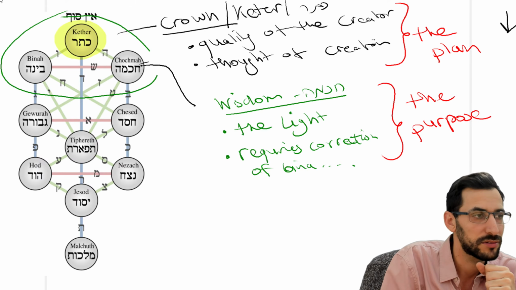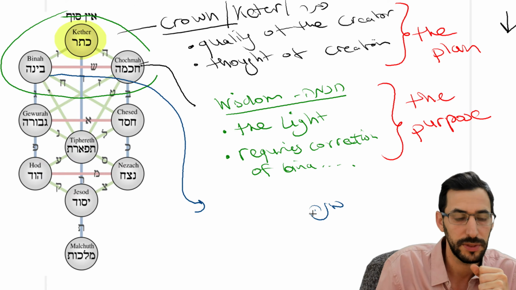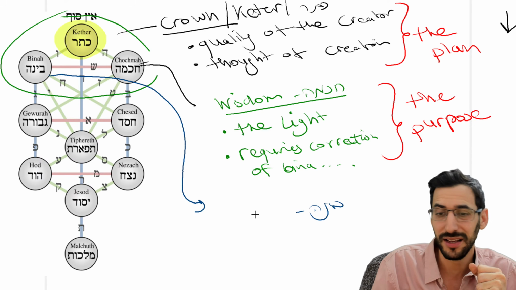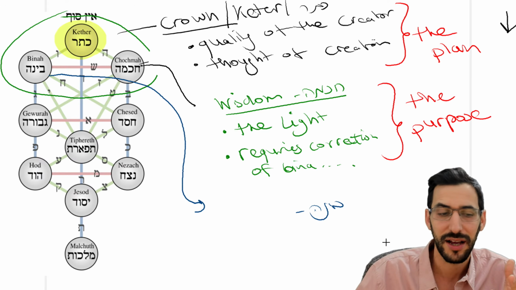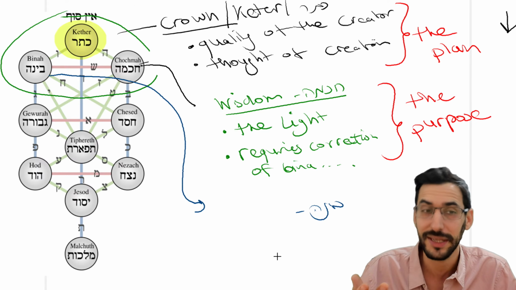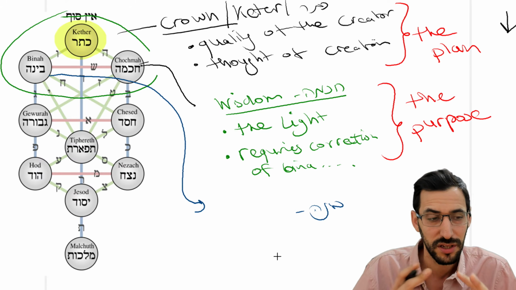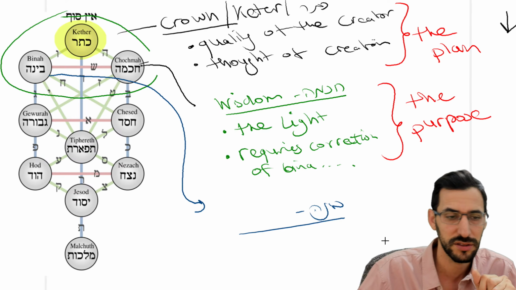Let's go now to Bina. Do it maybe in blue. Okay, so Bina literally means, well, it has a few interpretations. It means understanding, it means comprehension, it means intelligence. I won't write it here because there are too many words, but you get it.